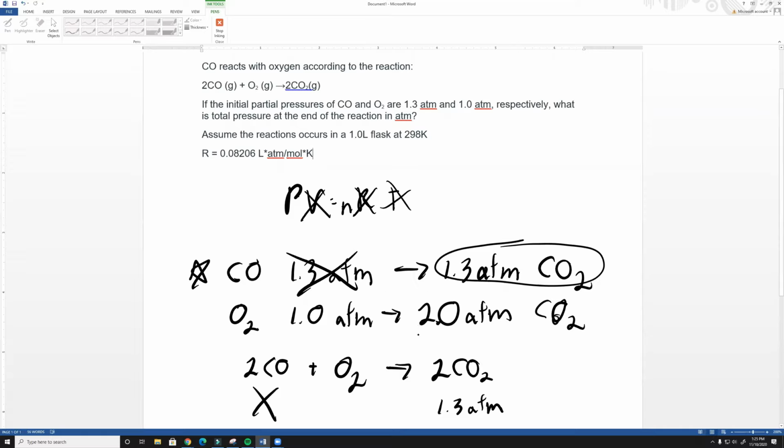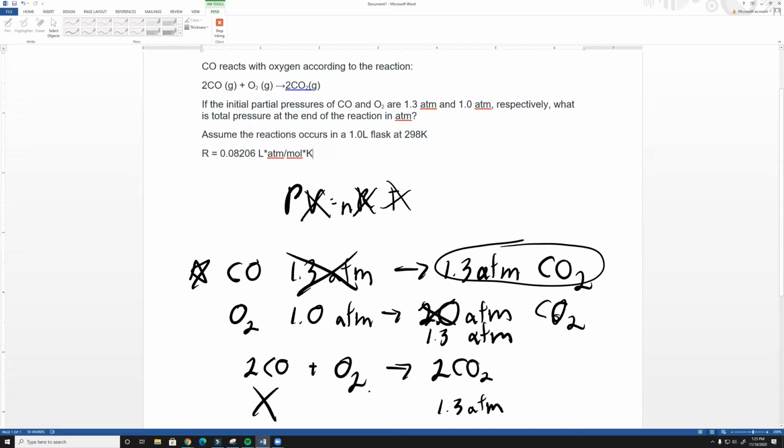Now for our O2, this is the one that is not completely reacted because it's not limiting. So we know that our CO2 is 1.3, not 2.0. We can backtrack: based on our equation, if 1.3 ATM of CO2 is created, how much O2 is used to make it?